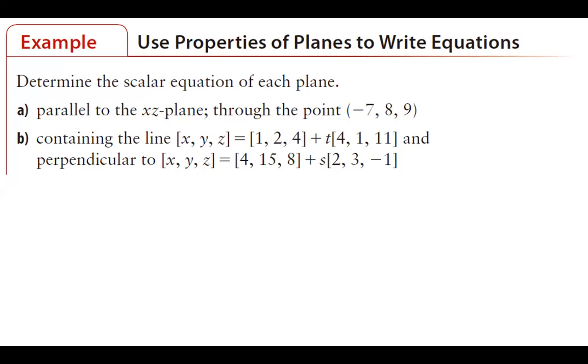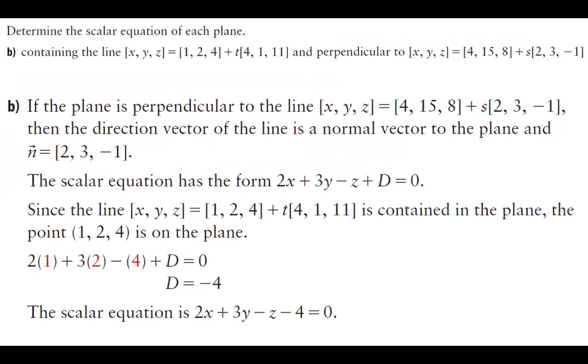All right, let's have a look at the solution. In question B, the plane is perpendicular to the line (x, y, z) equals (4, 15, 8) plus s times (2, 3, -1), so we know the direction vector of this line is the normal vector to the plane, right? So the normal vector of that plane is (2, 3, -1).